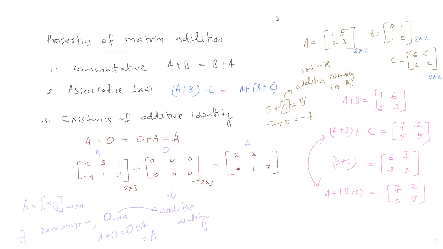So this is true for every matrix. So for every matrix A, there exists a zero matrix such that A plus 0 or 0 plus A is A itself. Then that zero matrix is known as the additive identity.